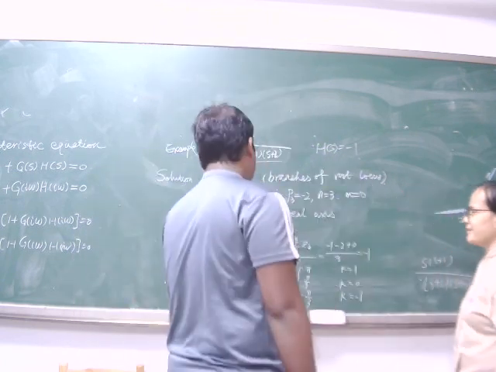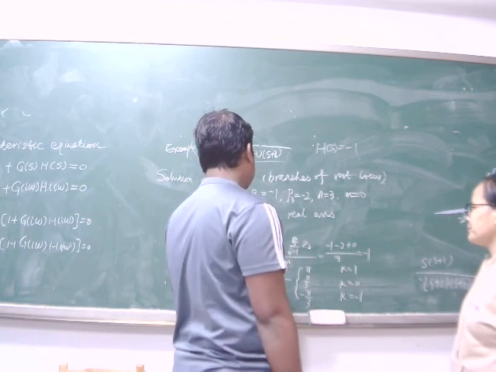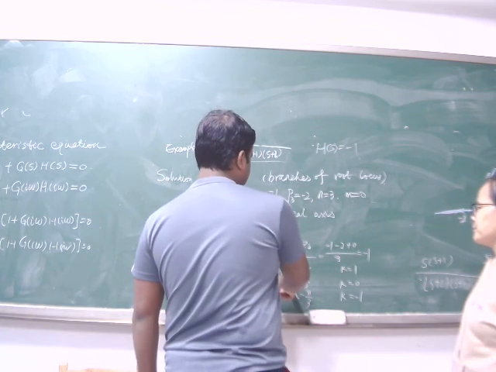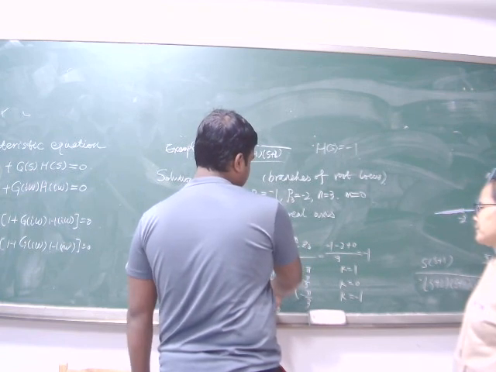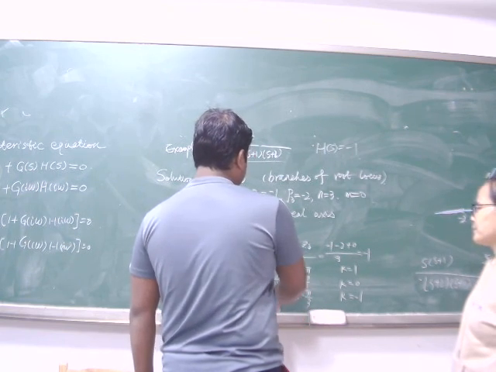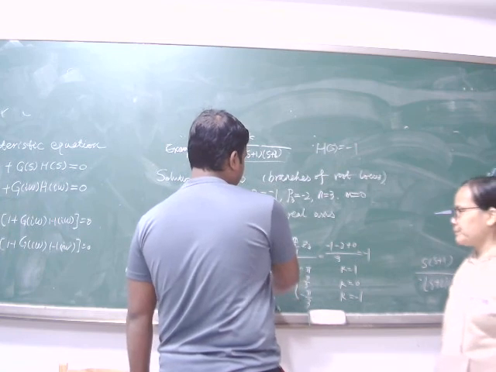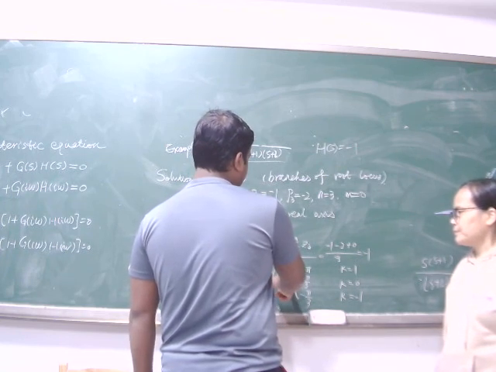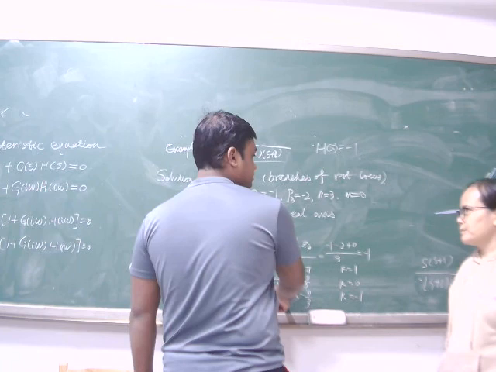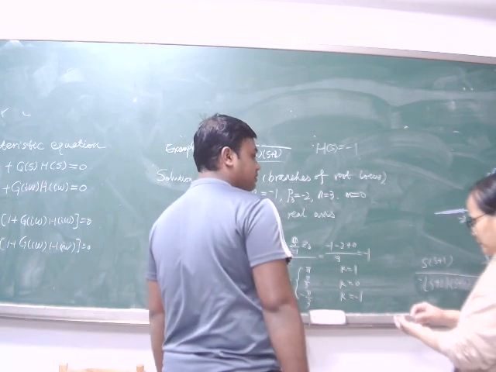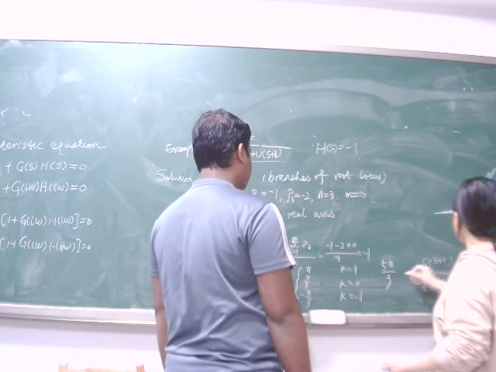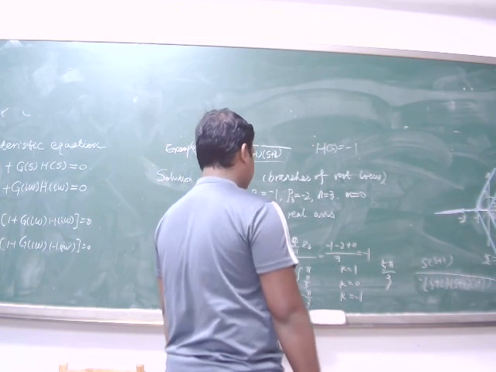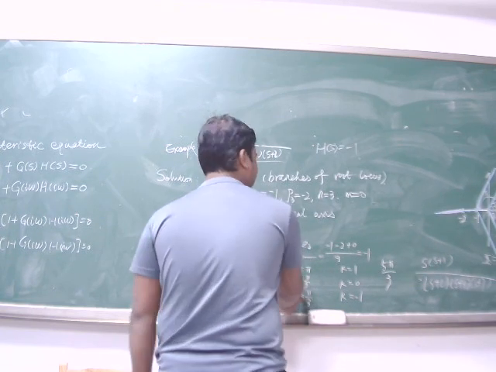If I take 1, then 3 pi over 3 is pi, and if I take 2, it is 5 pi over 3.